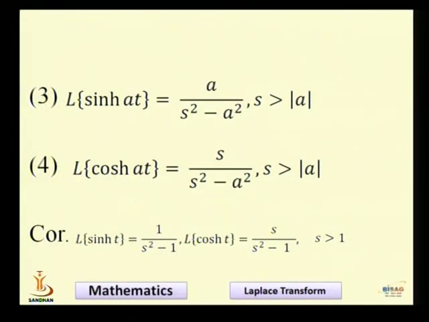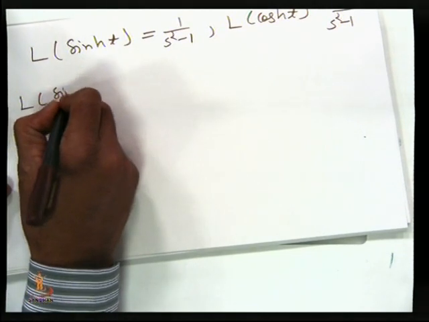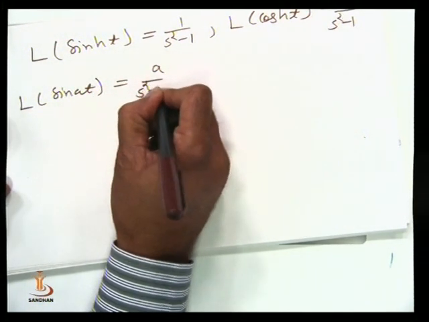In particular, Laplace of hyperbolic sin t equal to 1 upon s square minus 1, and Laplace of hyperbolic cos t equal to s upon s square minus 1. Earlier we have obtained the formula for Laplace of hyperbolic sin at equal to a upon s square minus a square.